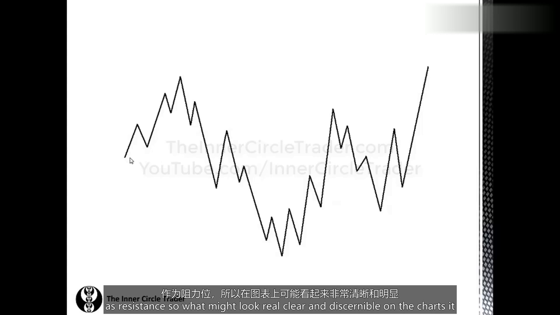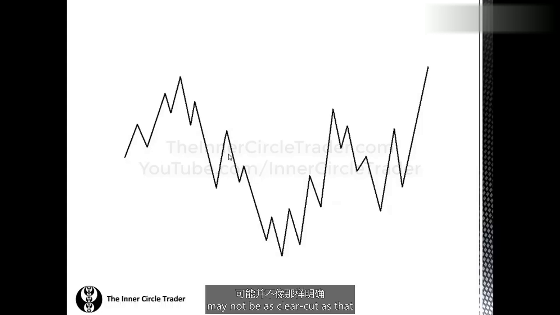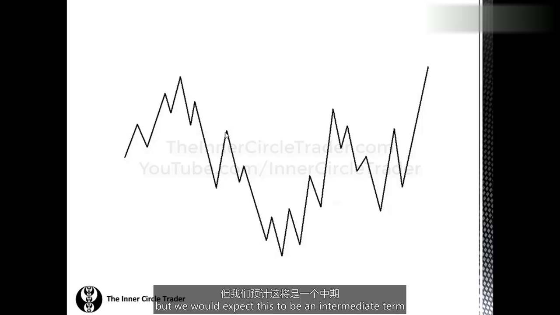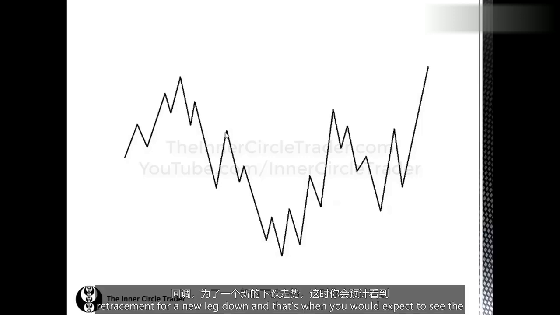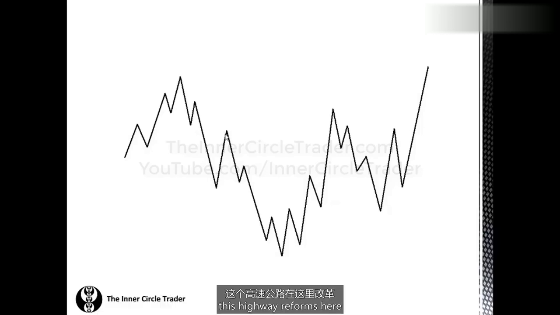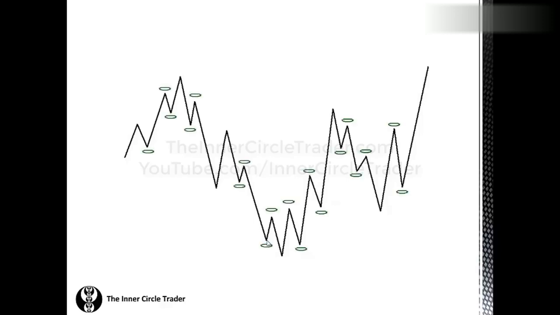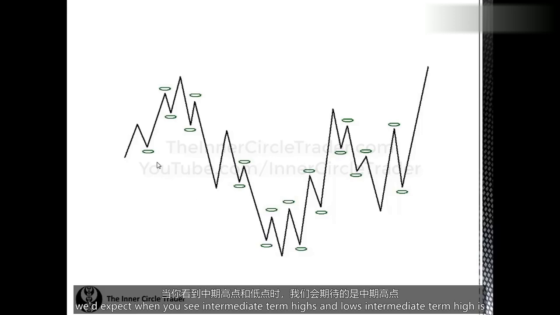So what might look real clear and discernible on the charts, it may not be as clear cut as that, but we would expect this to be an intermediate term retracement for a new leg down, and that's when you would expect to see the high to low here on this leg repeated and projected from this high, whatever forms here, down here, and that would look similar to what we'd expect when you see intermediate term highs and lows.